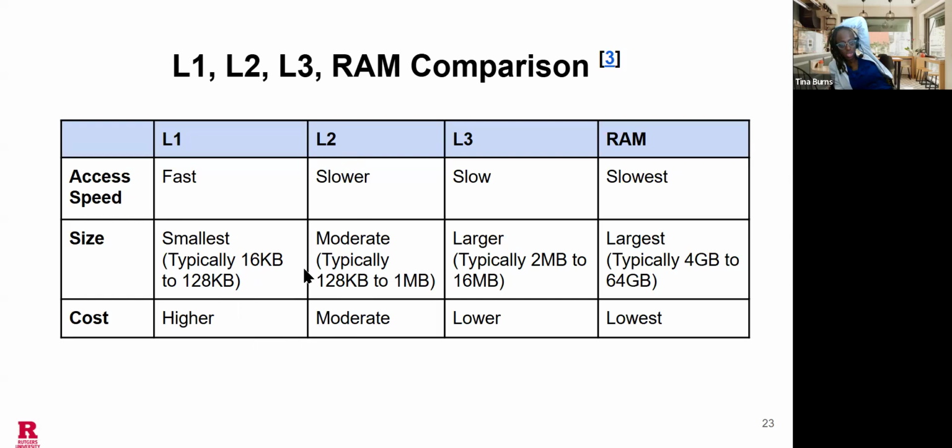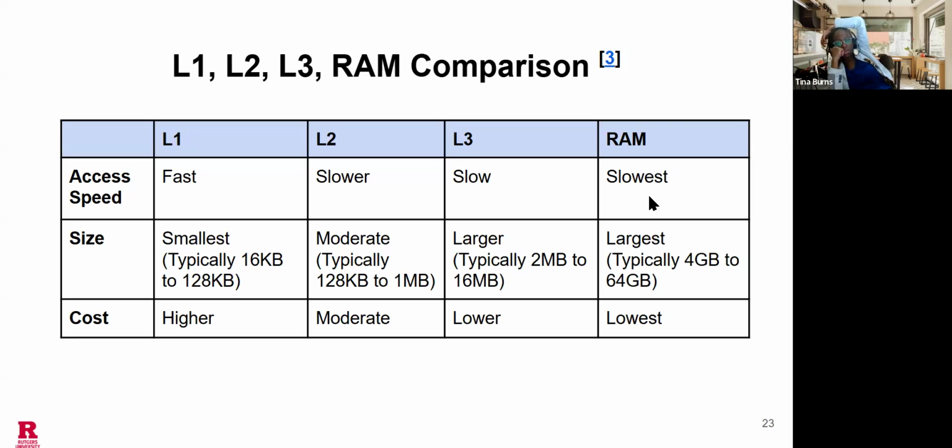When you get to L2, you'll see how the speed decreases, decreases, decreases, and so does the cost. The faster it is, the more expensive it's going to be. And you'll see how the size is going to increase as we go up and up through these various memory types, until we get to the RAM, which is going to be the slowest of all of the memories.